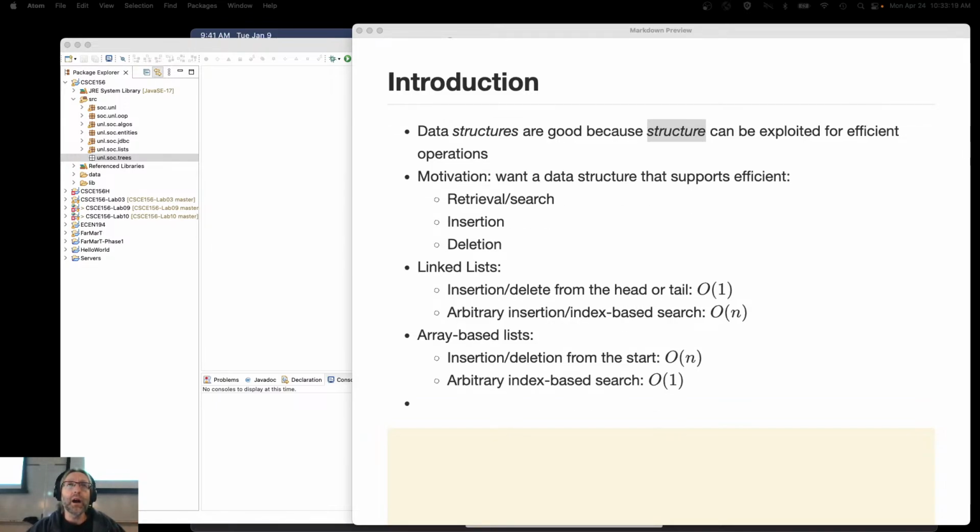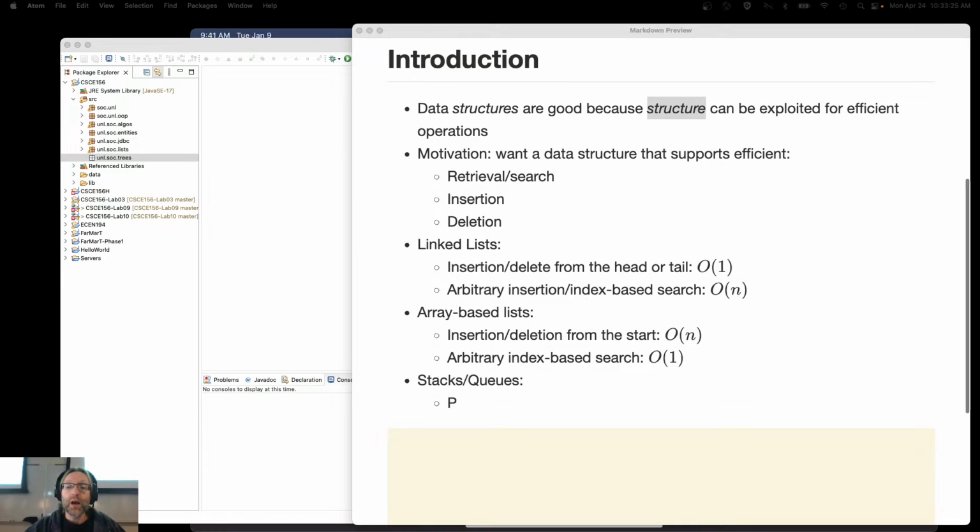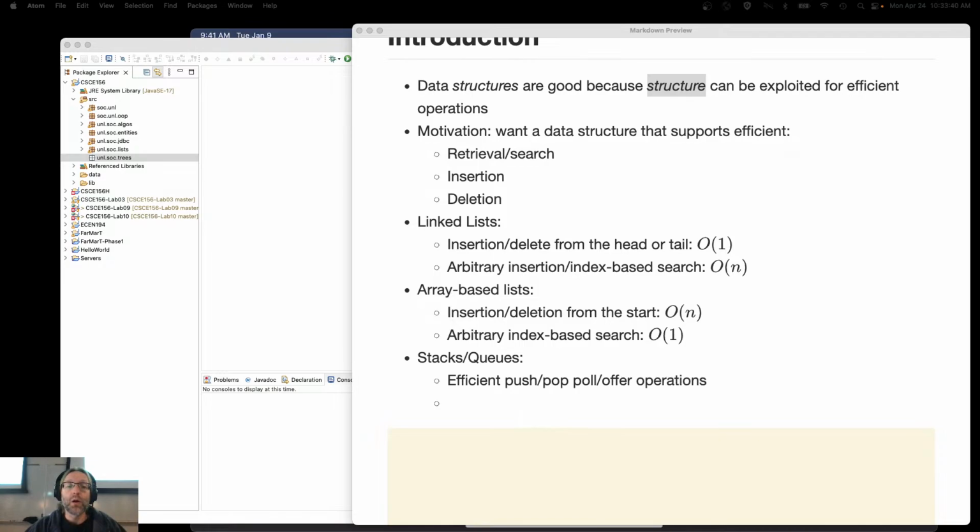We also looked at the application of these two in the context of stacks and queues. Both of these offered efficient push and pop, or in the context of queues, we call this poll, offer, or enqueue, dequeue, right? Operations. But they were restricted access data structures.